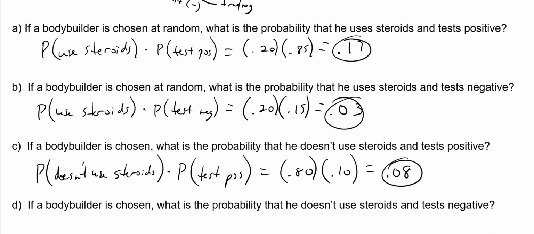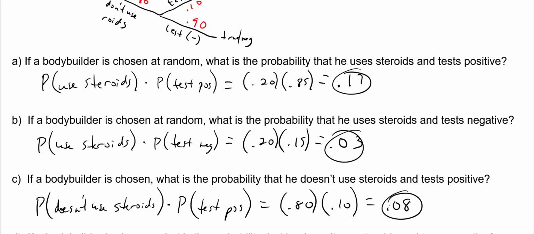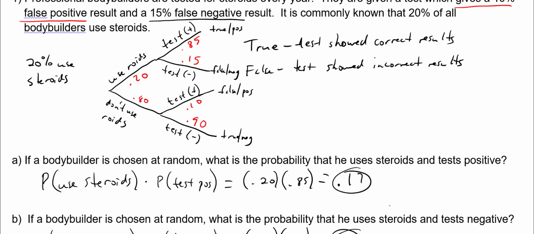Okay, and then this last one here: if a bodybuilder is chosen at random, what's the probability he doesn't use steroids and tests negative? So go back here. Doesn't use steroids, which is your 0.8, and test negative, which is 0.9. That is the most common one, because you don't use steroids, and the test has come back saying, yeah, you're right, you don't use steroids. So the test is correct.